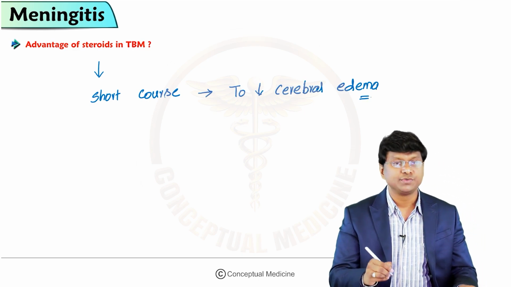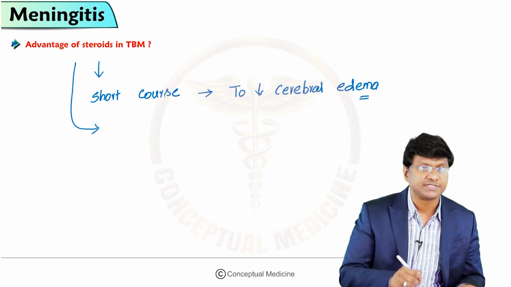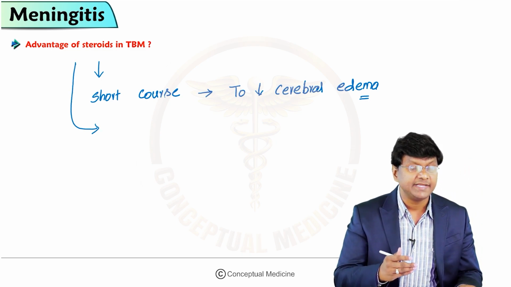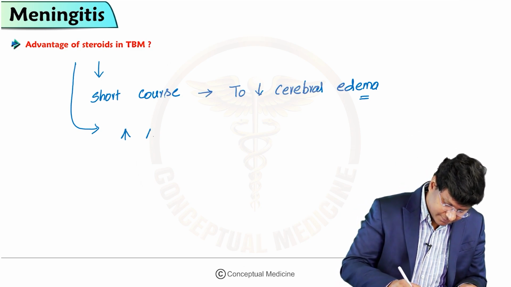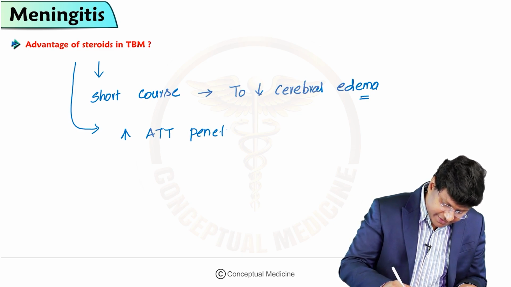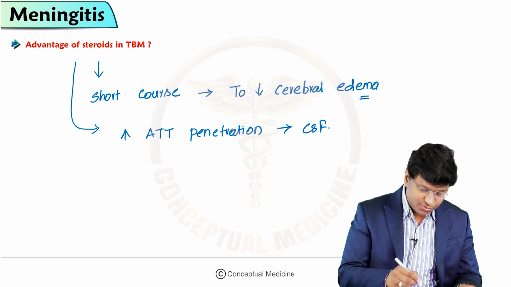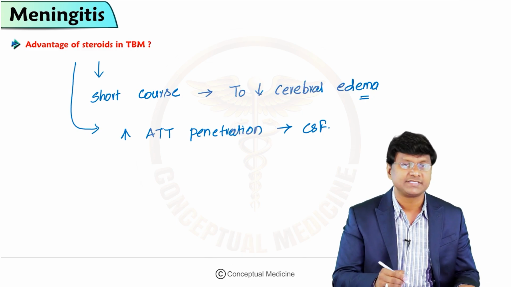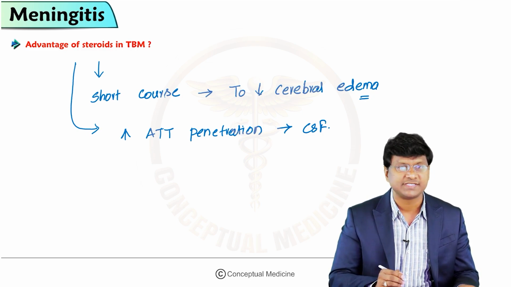Another advantage of steroids is that they increase anti-tubercular drug penetration into the cerebrospinal fluid. That is the advantage of giving steroids: they increase the ATT penetration into the CSF.